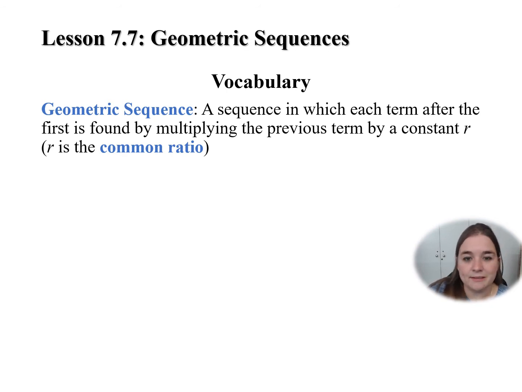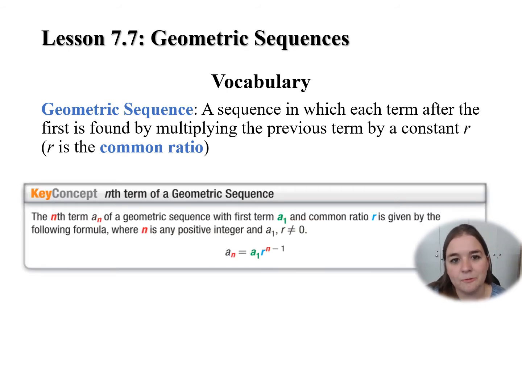The other piece we need to know with this vocab term is how to write an equation for the nth term of a geometric sequence. You should have this written in your notes. a sub n, meaning any term in the sequence, can be represented by taking our first term, a sub 1, and multiplying it by our common ratio raised to the power of n minus 1.